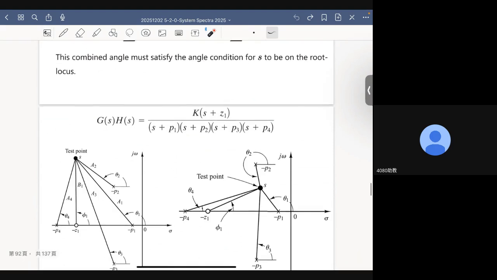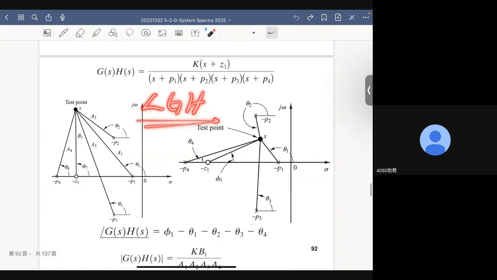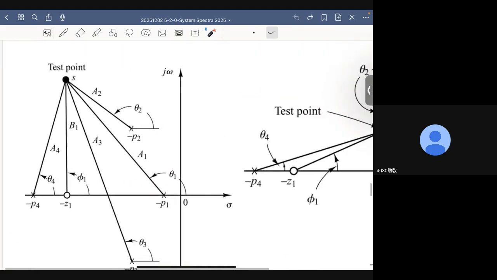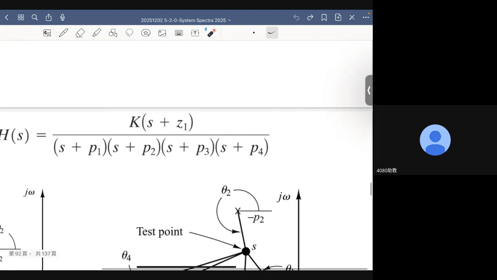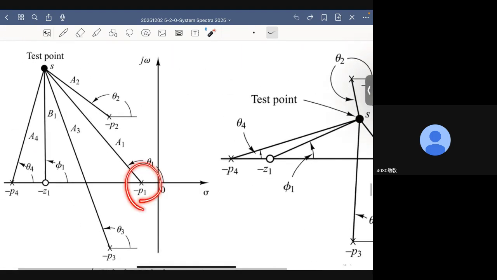Now, to determine its magnitude and its angle, we can use these two plots to help us. Okay, here I have 1, 2, 3, 4 poles, 1 zero, and the location of minus P1 is here.